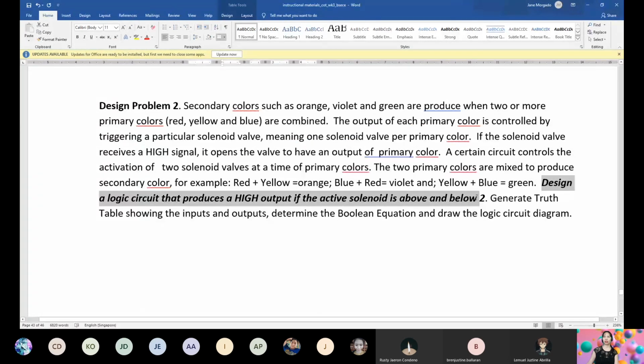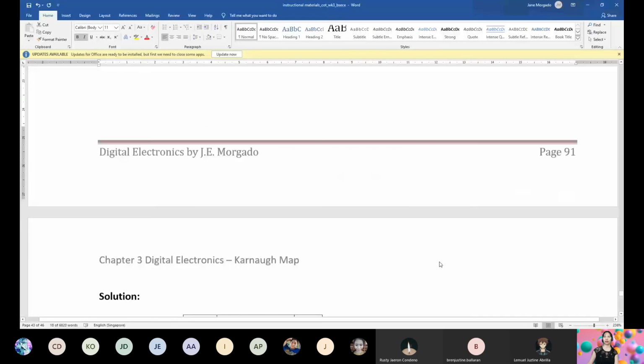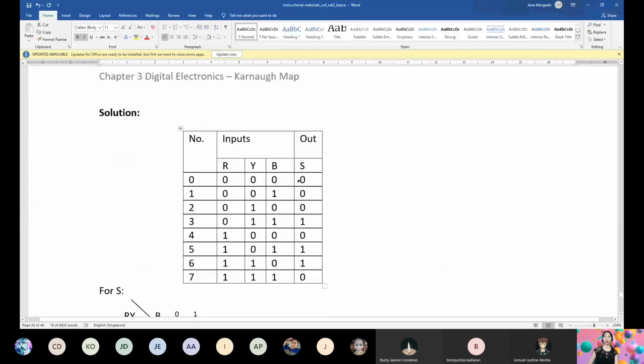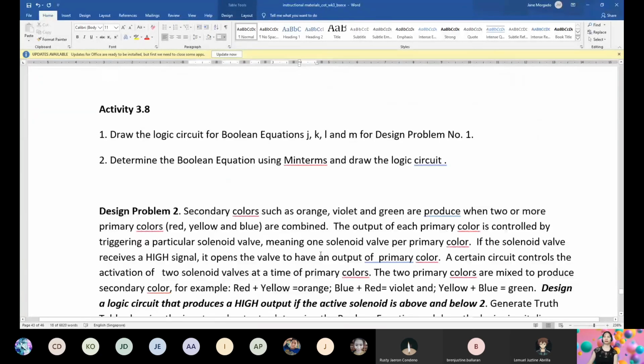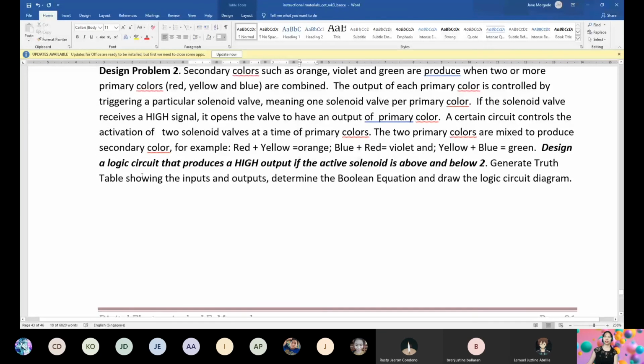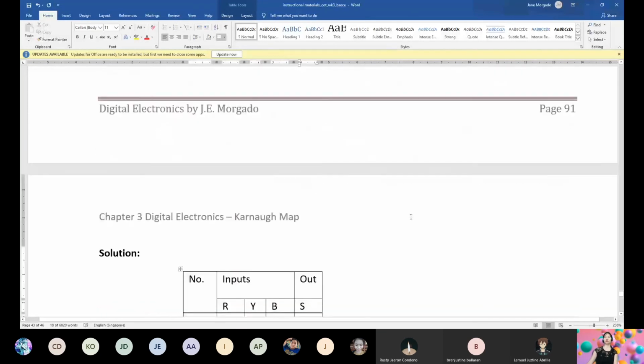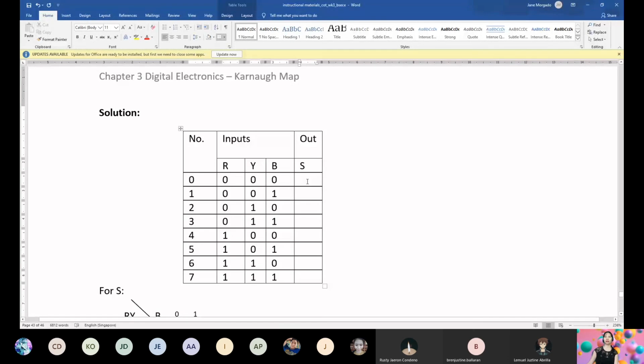Design a logic circuit that produces a high output if the active solenoid is above and below 2. Okay? Mali yata itong output natin dito. Ayan, burahin natin. Design a logic circuit that produces a high output if the active solenoid is above and below 2. So therefore, if you have 3 zeros, ano dapat output natin?